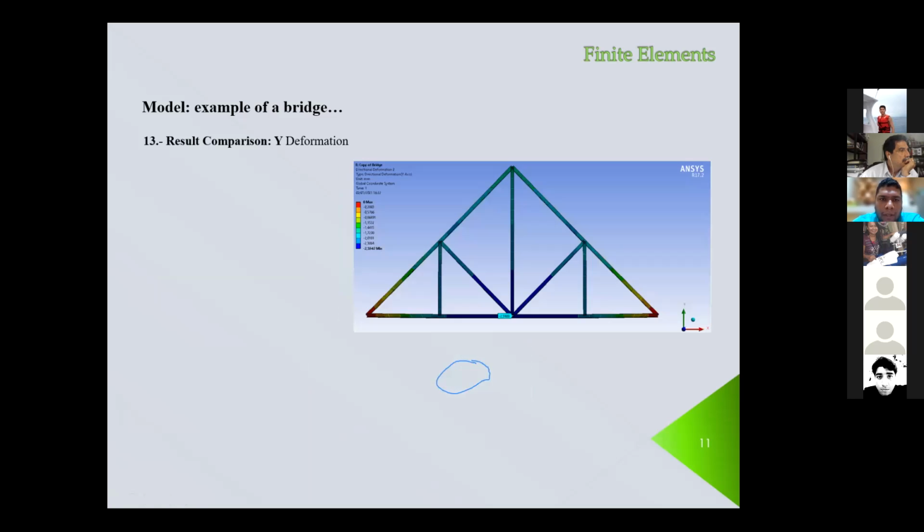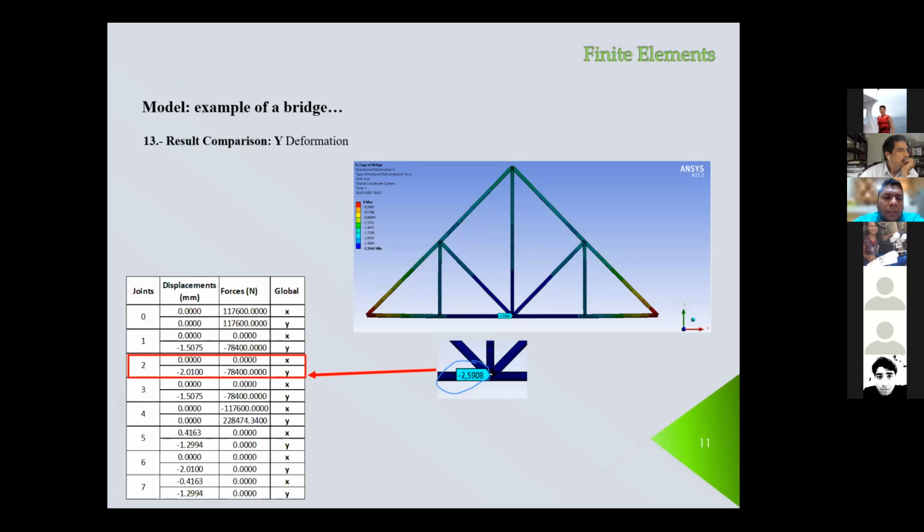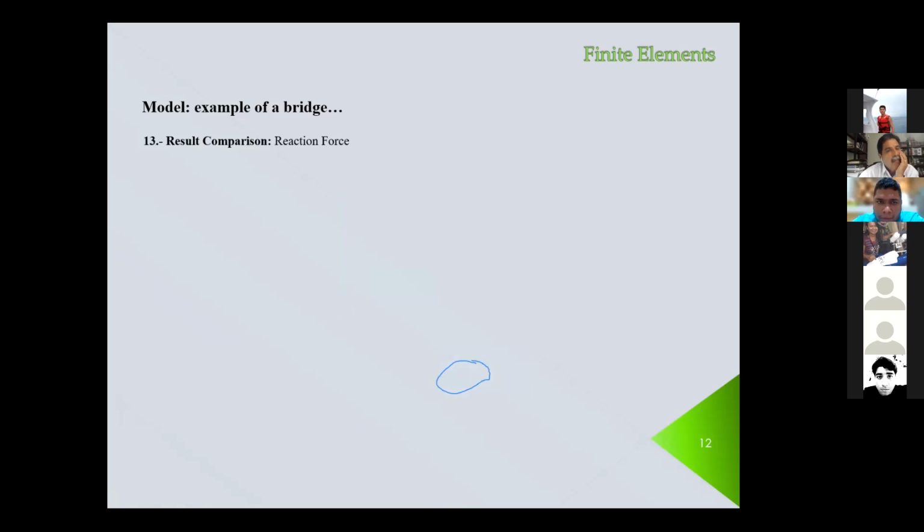The same for the y-axis, the y deformations. It is -2 millimeters, and then you see -2.5 millimeters. So when you apply force in the y-axis, these points move downward. That makes sense. Okay, for the deformation.